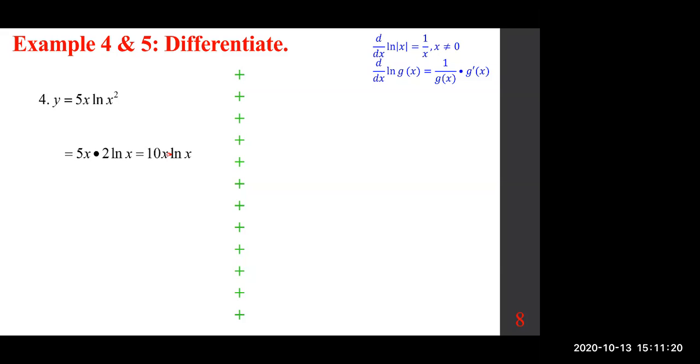So this is 10x times ln x. So 10x gives you 10 times ln x. ln x gives you 1 over x times 10x. So this is 10 ln x. And what is this? 10.